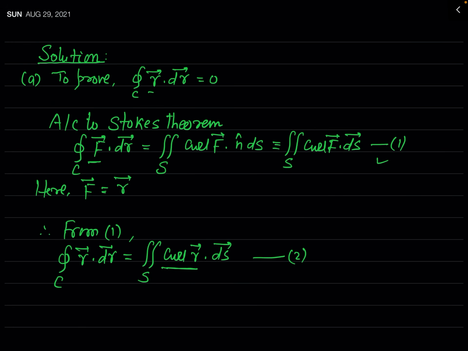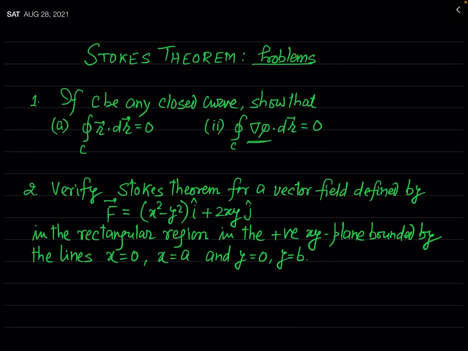Now let us see the next problem. In the next problem we have to verify Stokes theorem for a vector field defined by F equal to (x square minus y square) i plus 2xy j, and the region for which we have to verify this Stokes theorem is a rectangular region in positive xy plane bounded by the lines x equal to 0 and x equal to a and y equal to 0, y equal to b.